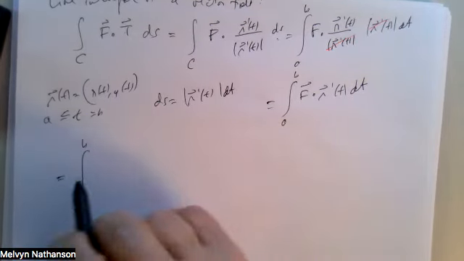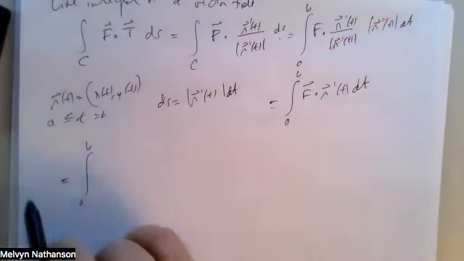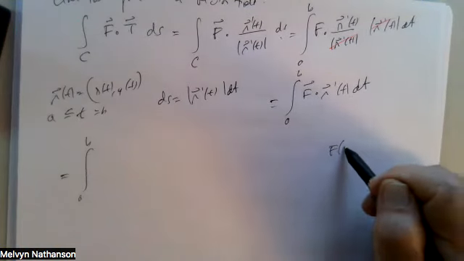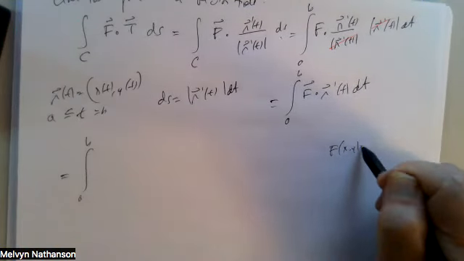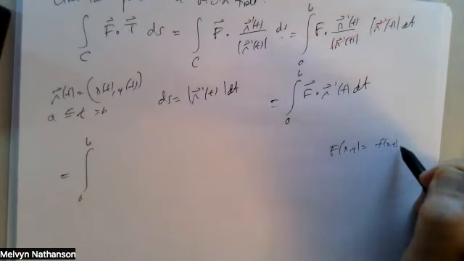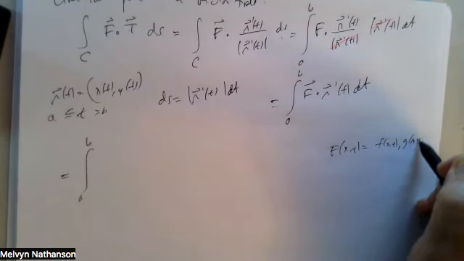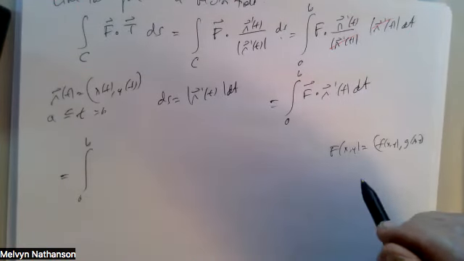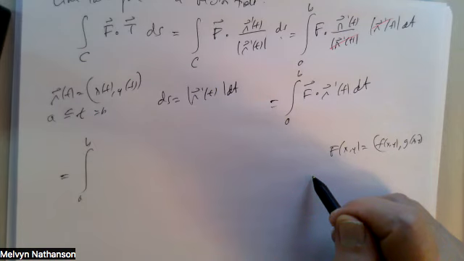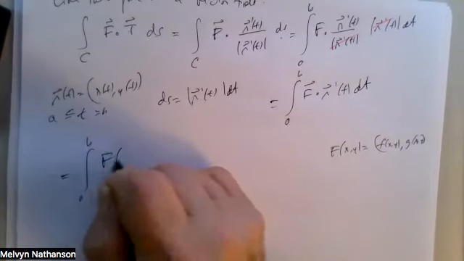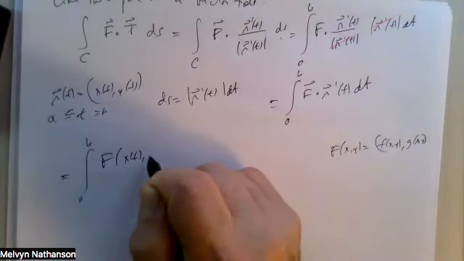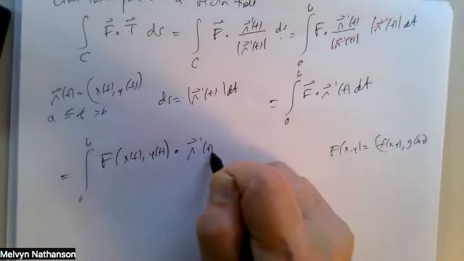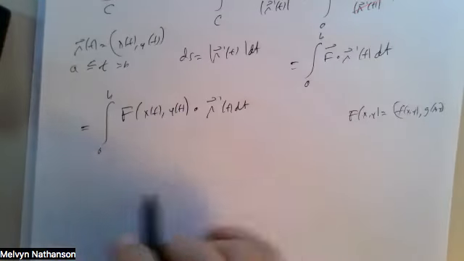Integral from a to b. So let's say this is a vector field F of x, y equals f of x, y, g of x, y. Those are the coordinate functions. So what we have here is F of x of t, y of t, dot product with r prime of t dt.